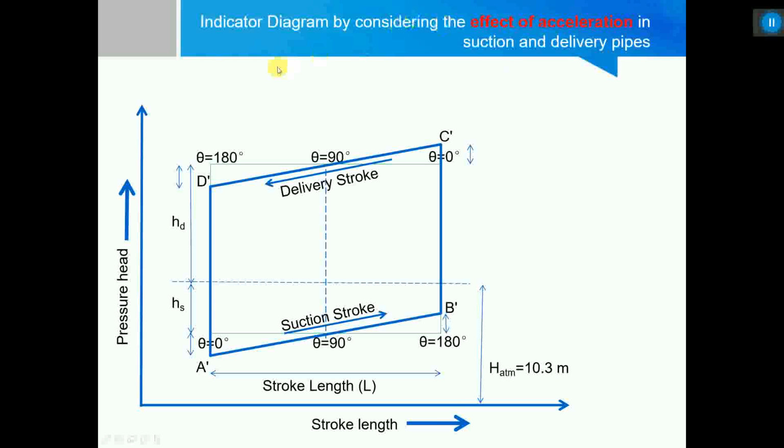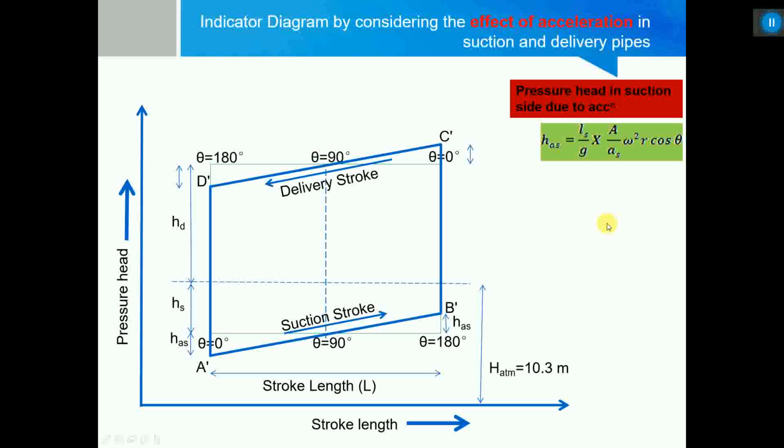Now come to the next topic, that is the indicator diagram when we consider the effect of acceleration in the suction as well as delivery pipe. We already have derived this formula: because of the acceleration, this head is generated there. Now see here, when theta is equal to 0 degrees, we will have the maximum value of HAs, because cos 0 will become equal to 1.